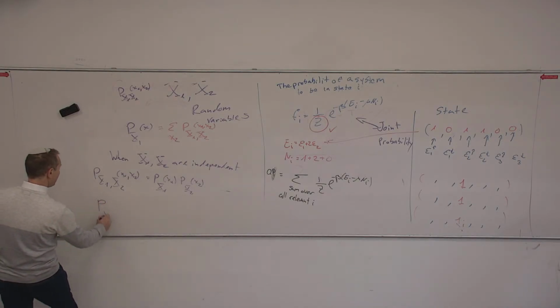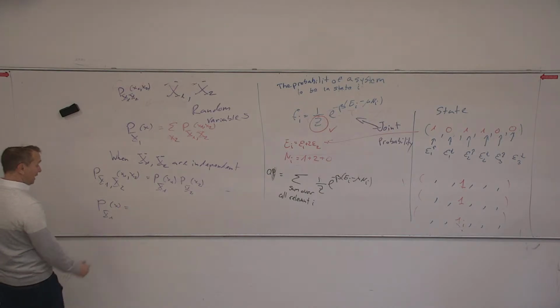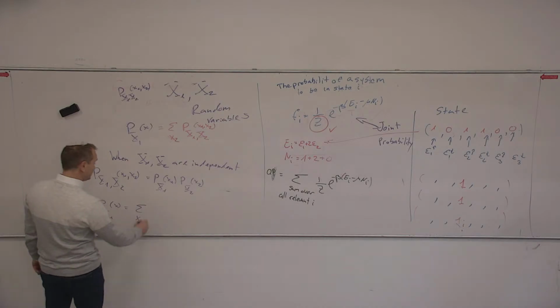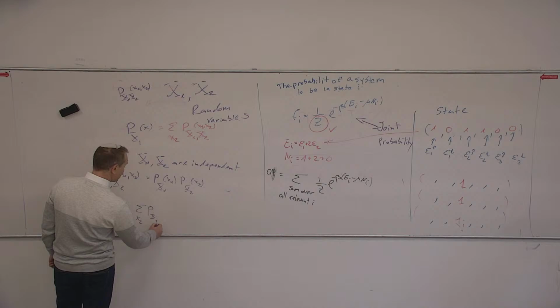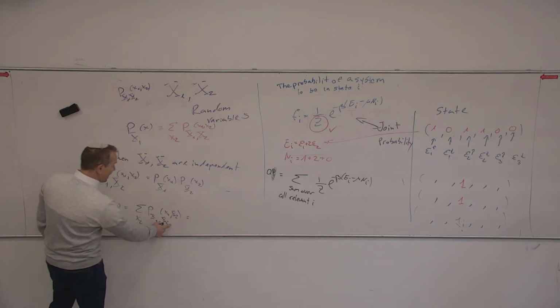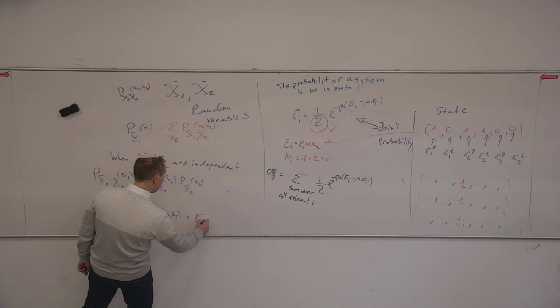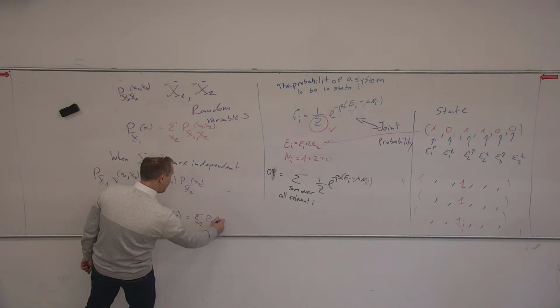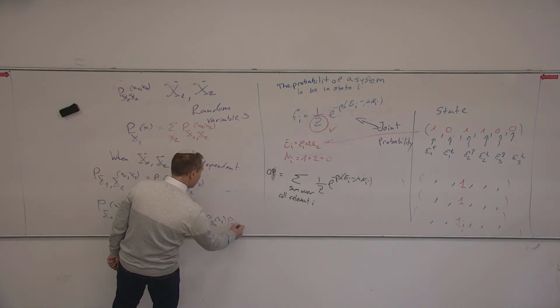I plug all of this inside. So what I get, p(x1), I have to sum them up over all the different probabilities, and out of the summation I have the sum over x2 of p(x1) times p(x2).